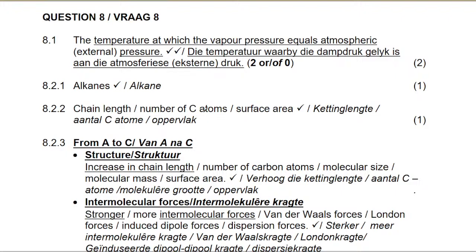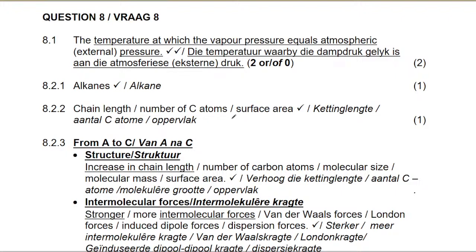Define the term boiling point. We will award 2 marks if the learner says the temperature at which the vapor pressure equals the atmospheric or the external pressure. So that will be 2 or 0 as indicated.